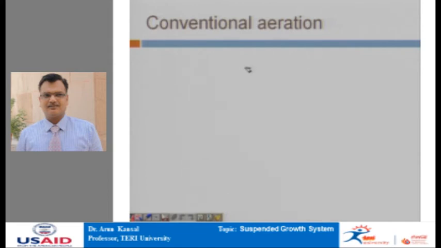The conventional activated sludge process consists of an aeration tank, a secondary clarifier, a sludge recycling line, and a sludge wasting line.